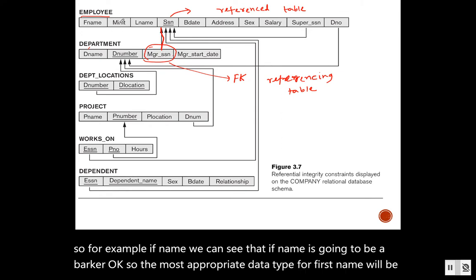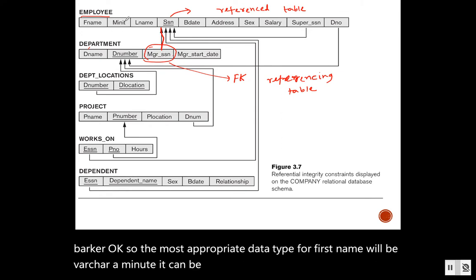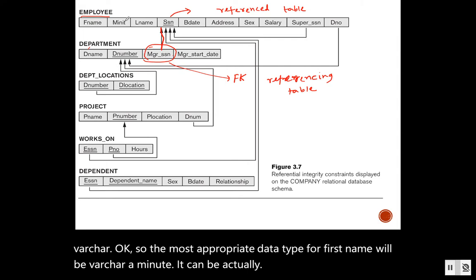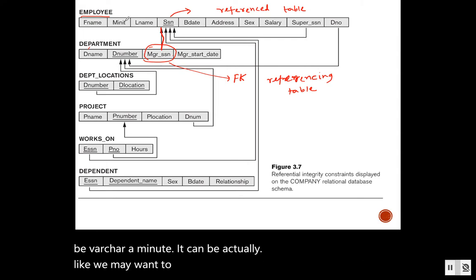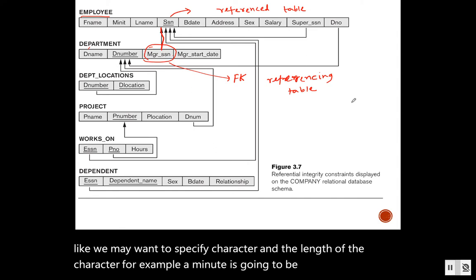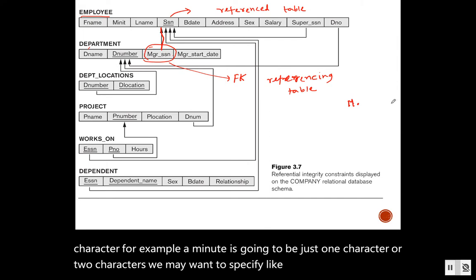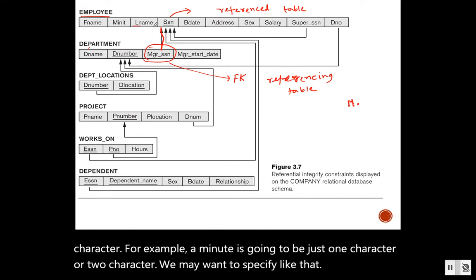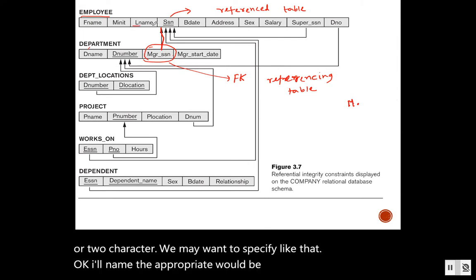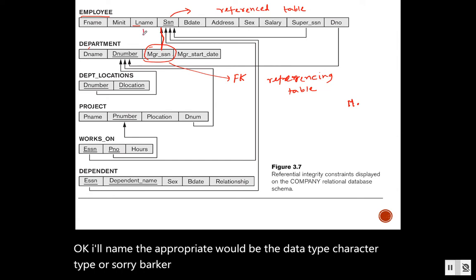M init we may want to specify as character with a length, for example just 1 character or 2 characters. L name, the appropriate data type would be varchar. For last name the appropriate one would be varchar.